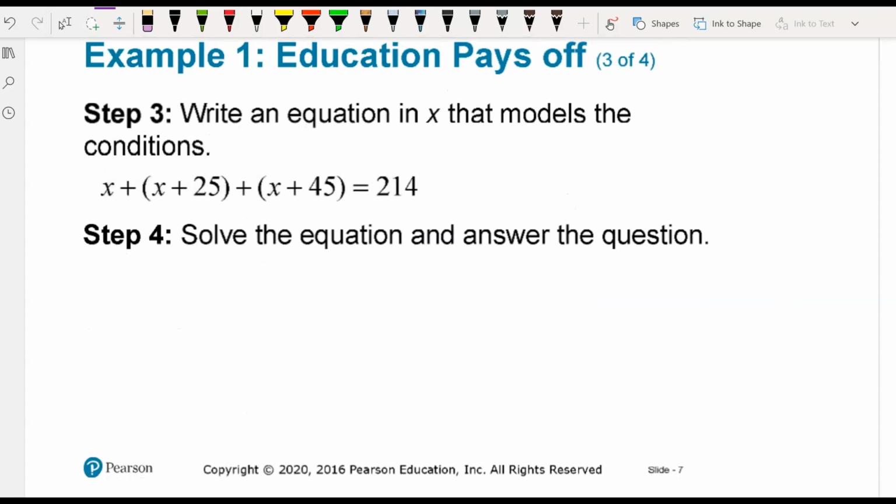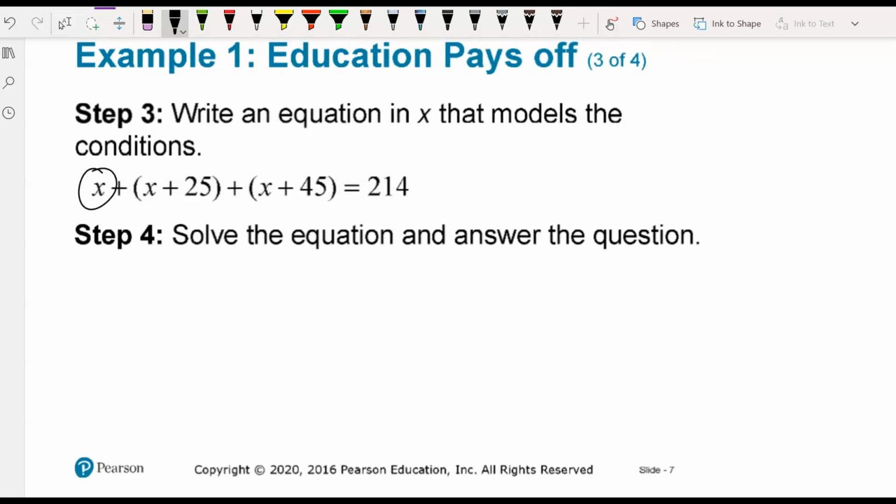So the 3 men together, 1, 2, and 3, equals that 214. So we want to find what the original base is for that salary.